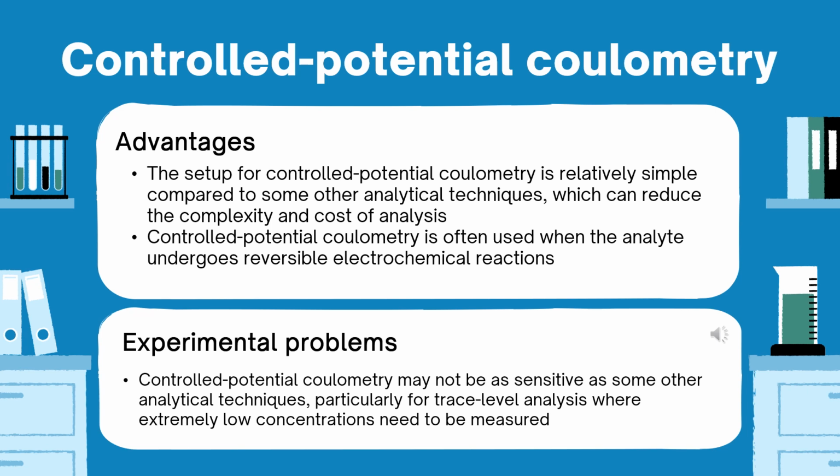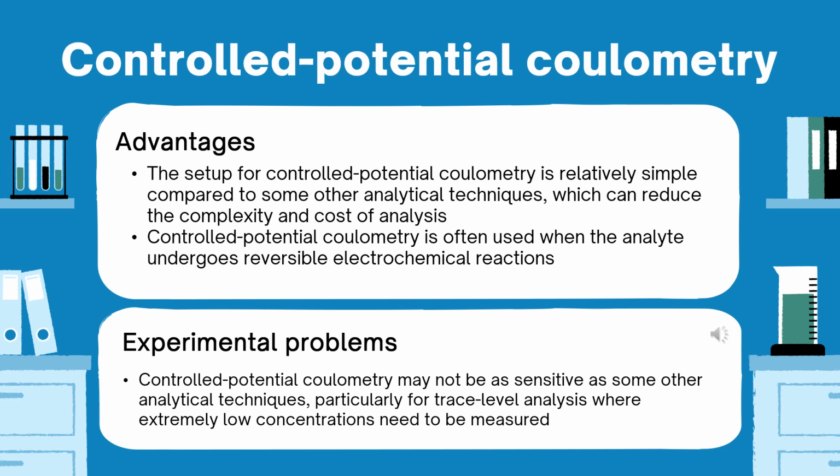The setup for controlled potential coulometry is relatively simple compared to other methods, and it is suitable for analyzing substances that undergo reversible reactions. It is also flexible because it can be applied to samples of various sizes, allowing for both small and large sample volumes.